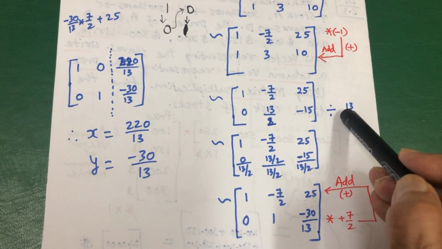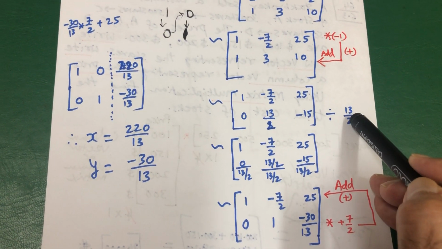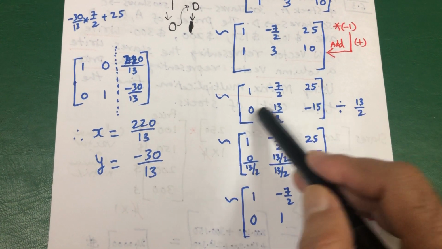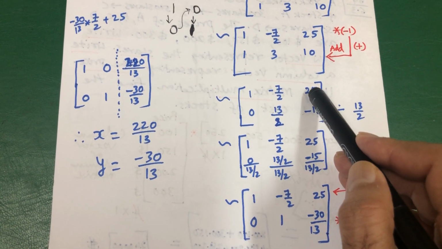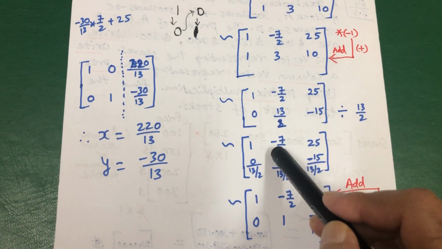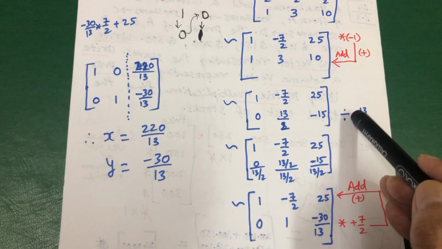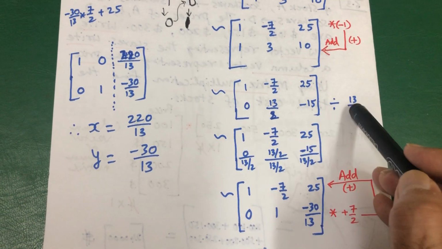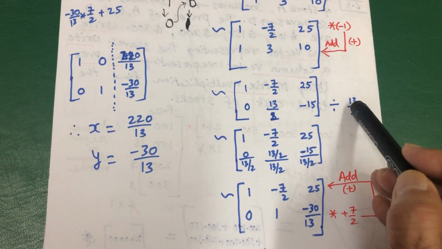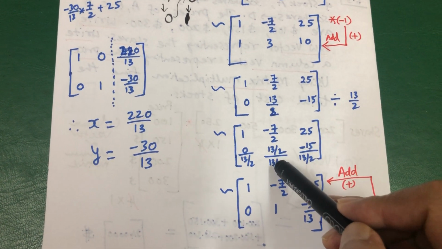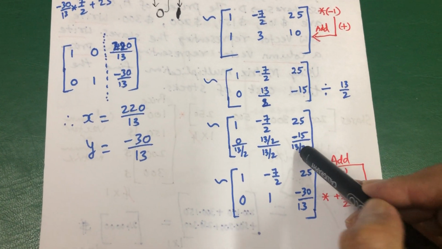Divide by the same number. 13 over 2 divided by the same number. So when you are changing the second row, don't touch the first row. First row is 1, minus 7 over 2, 25. Divided by the second, 13 over 2, 0 divided by 13 over 2, minus 15 over 13 over 2.